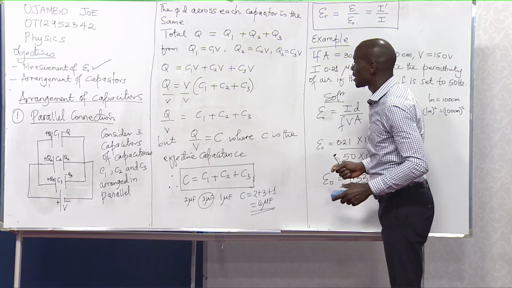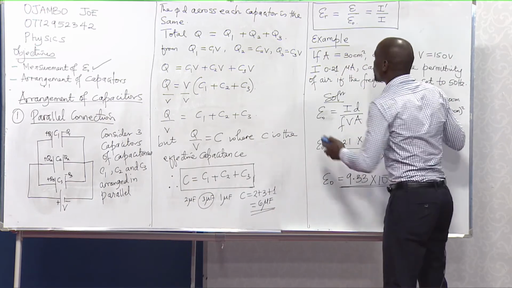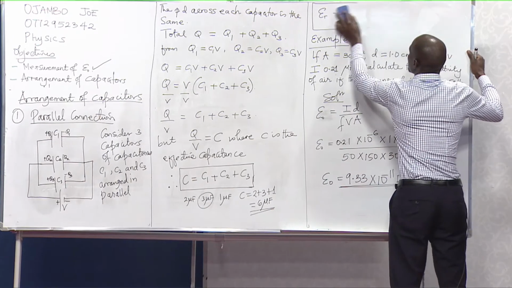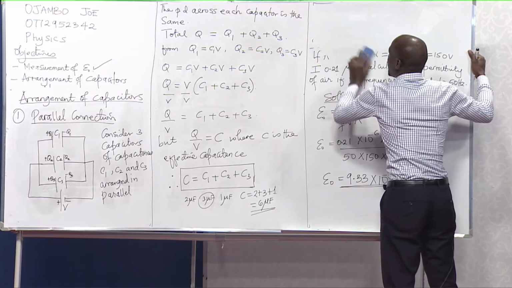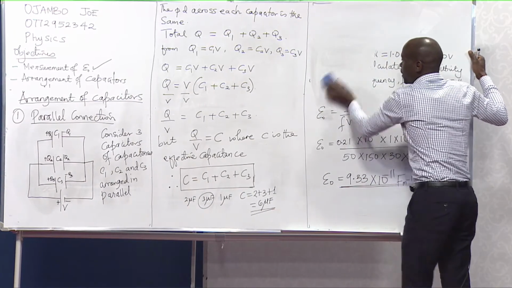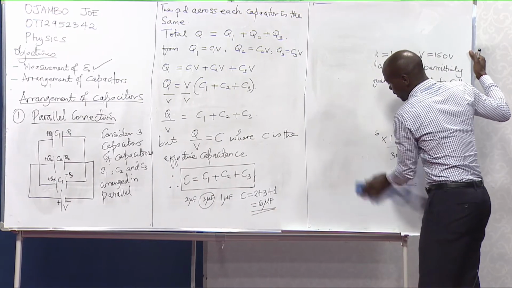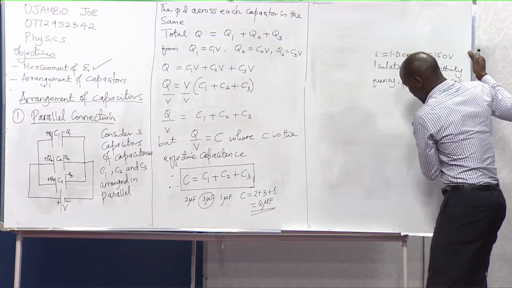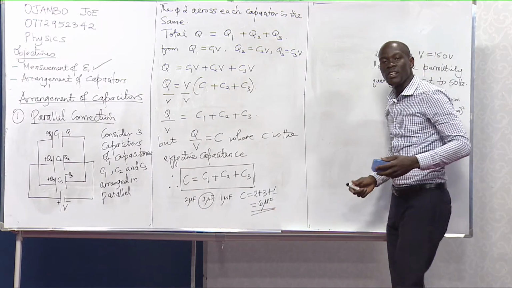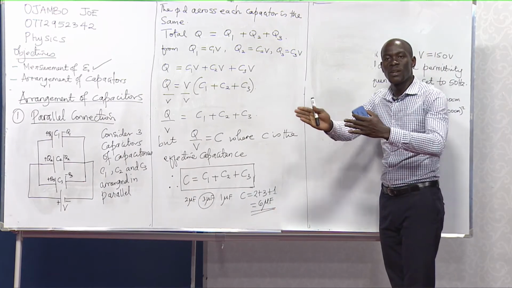Let us look at the second relationship, and that is series. Now, for series connection, my dear candidates, we shall connect them end to end consecutively. Okay? We've seen trains, and you'll see the train wagons.